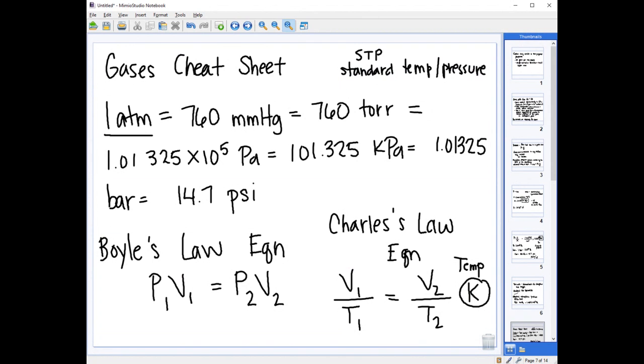Standard temperature is 0 degrees Celsius. Standard pressure is 1 atmosphere, which we know we can convert to all the other units. But standard temperature is 0 degrees Celsius. Standard pressure is 1 atmosphere.